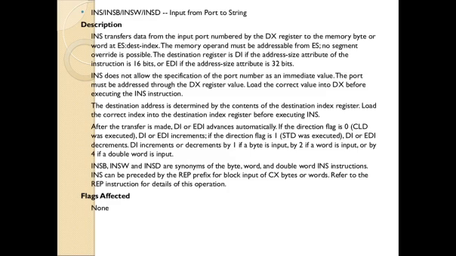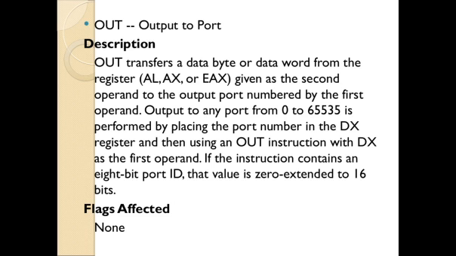The memory operand must be addressed from ES. No segment override is possible, so we cannot override any segment. It should be pointed to by ES. The destination register is DI if the address size attribute of the instruction is 16-bit, or it may be EDI if it is 32-bit. No flag is affected.